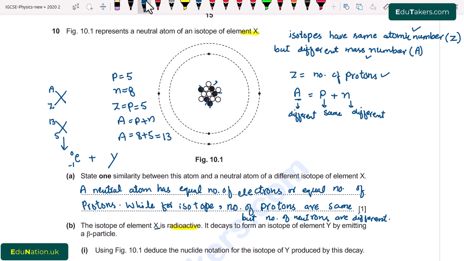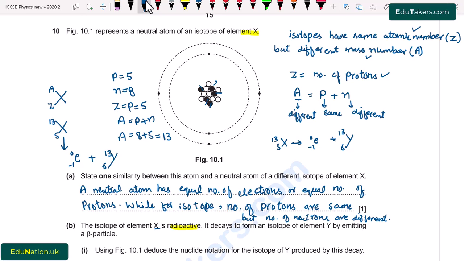So I write here 13 and the atomic number of X is 5. I write here 6. So the equation becomes X 13, 5 gives electron 0 and minus 1 plus Y, that is 6 and 13. So we check the atomic number and atomic mass on both sides are equal or not.